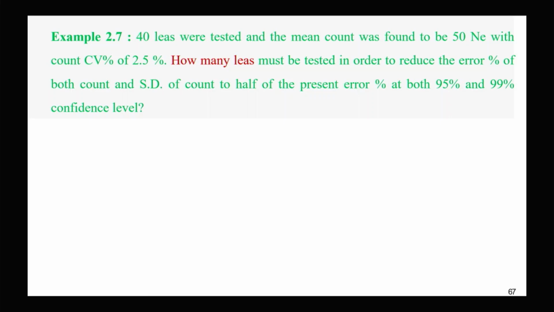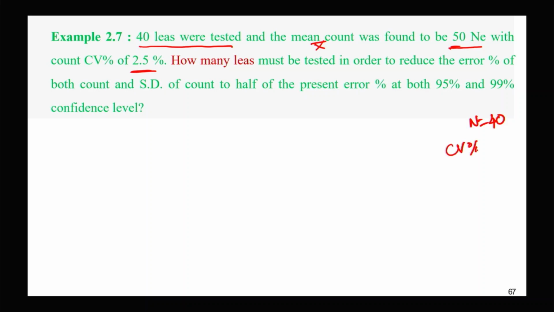Now next numerical is that 40 leaves were tested. So n is 40 and mean count x bar was found to be 50 and count CV is 2.5%. So what is CV percent? Coefficient of variation.